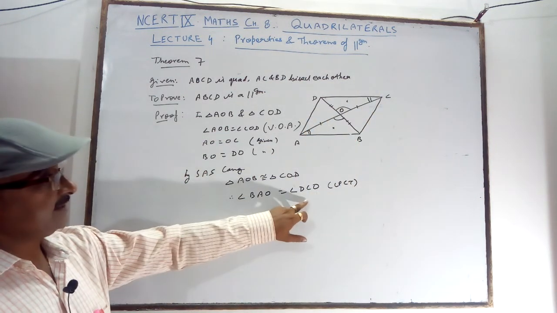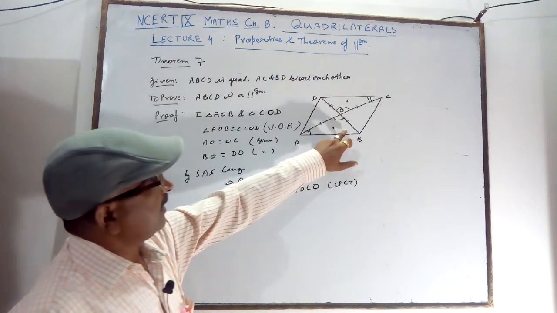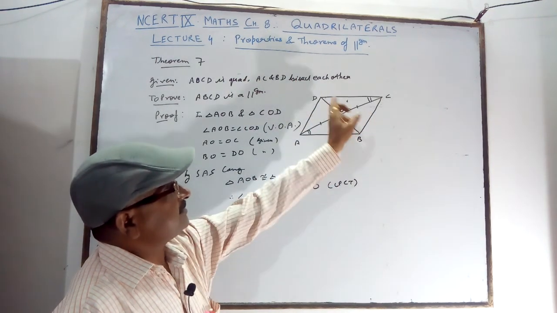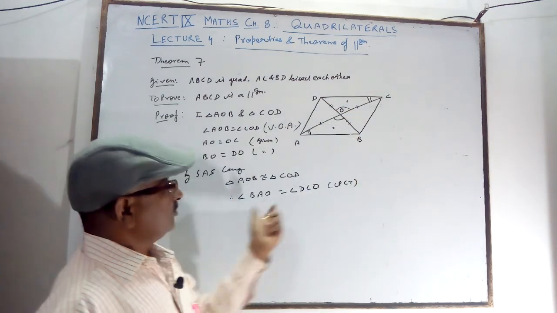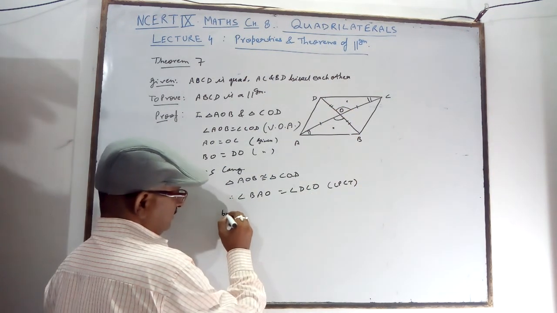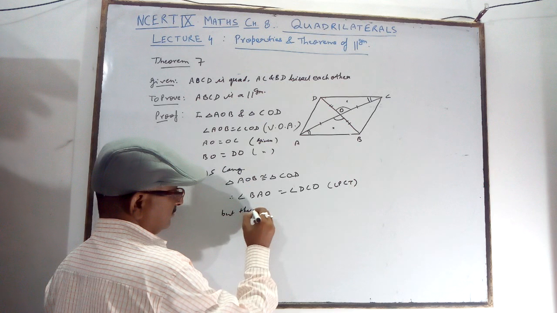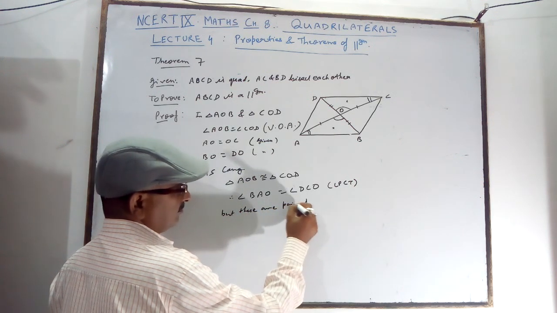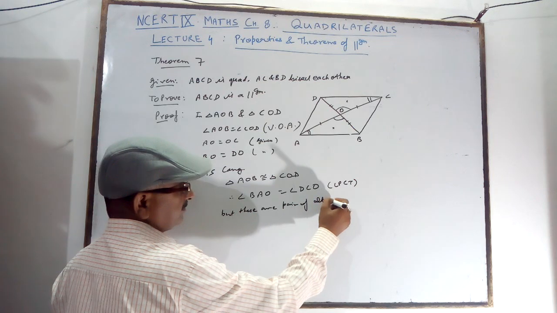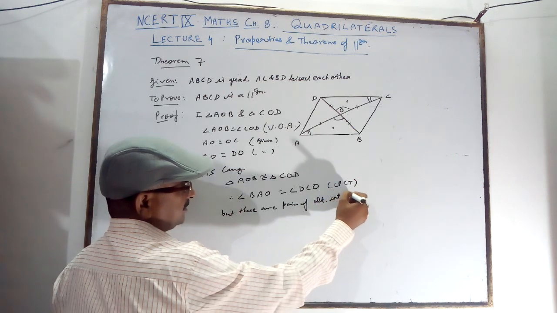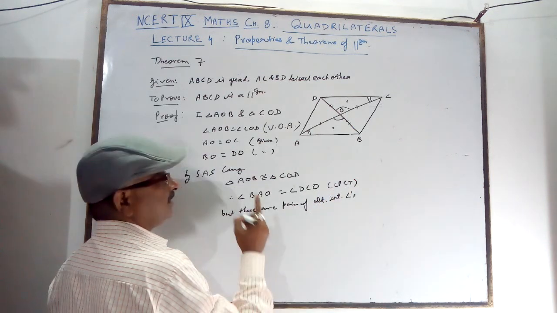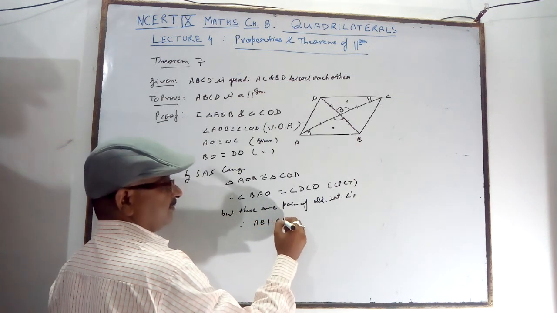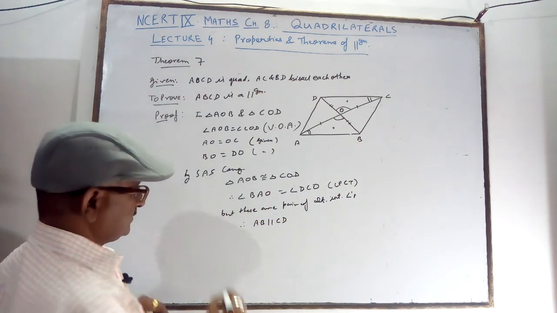Because of CPCT. Similarly, you can prove this angle is equal to this angle. Any one you will take. These are D and B. Both are a pair of alternate interior angles. So, if the alternate interior angles are equal, then the lines will be parallel. AB is parallel to CD.